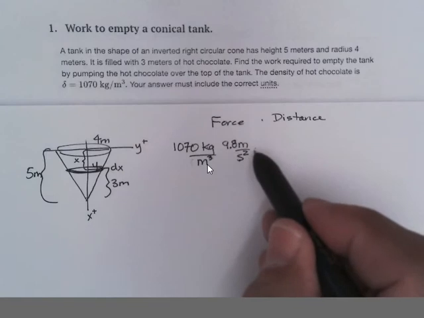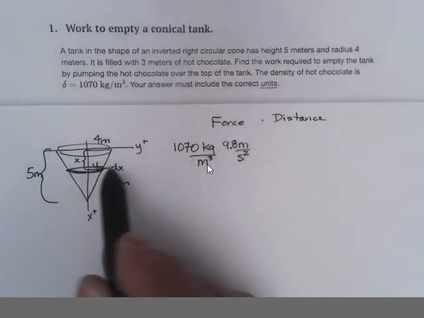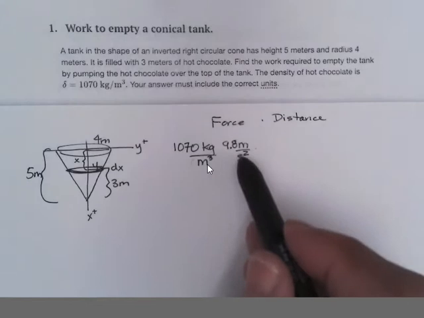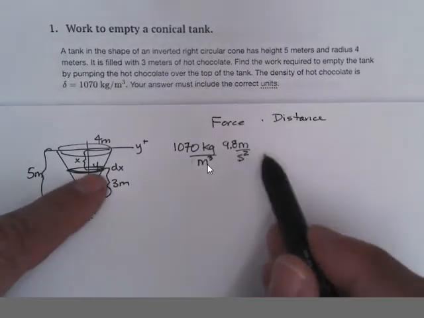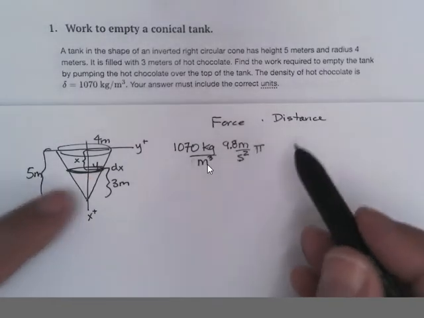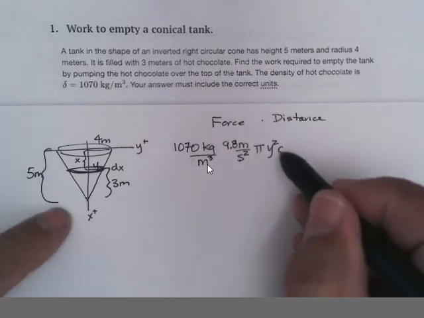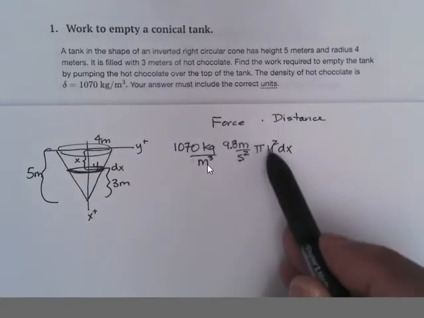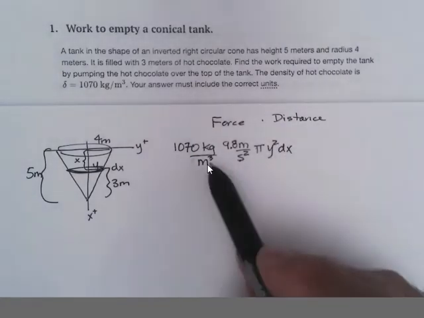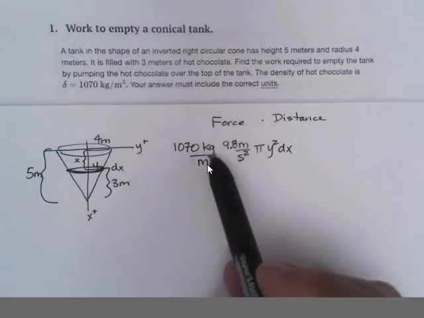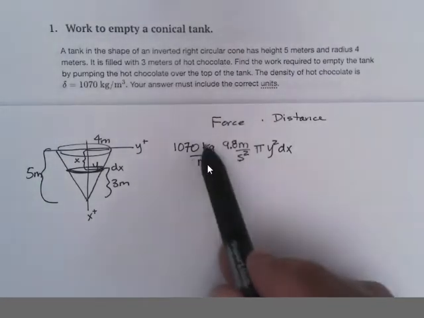And so the volume of this disc that we're going to have to use a force to lift up to the top is going to be pi y squared dx. So that's meters times meters times meters. Cancels that. Which gives us newtons only.